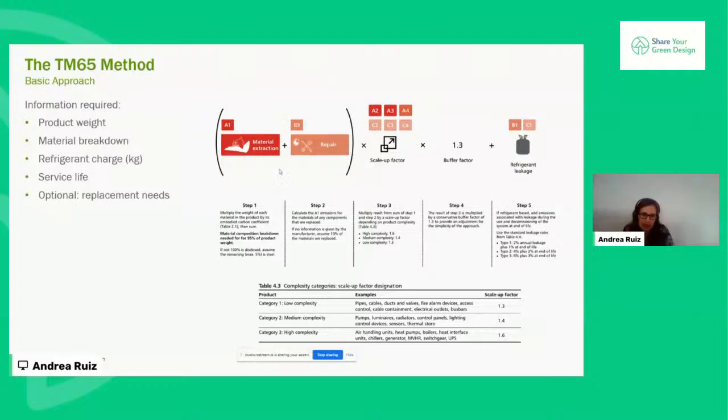In step 1, the kilograms of the system multiplied by the embodied carbon of that material. Then we add 10% to that to calculate A1 to B3. Then for a specific type of services, depending on how complex they are, we allow for a scale-up factor, and then we also add a buffer factor because of the implications of how simple this method is.